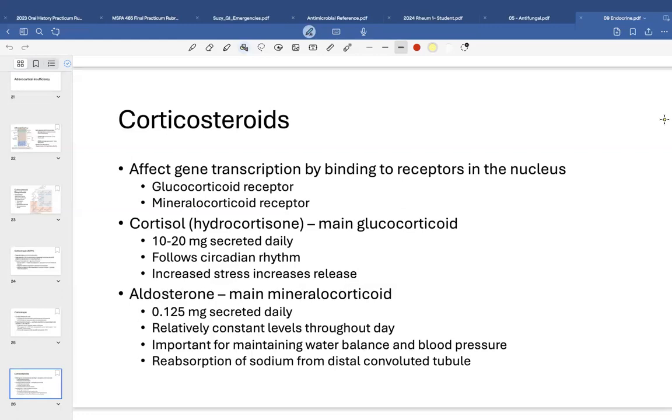Aldosterone is your main mineralocorticoid, and it is secreted on a constant basis, a tiny amount, 0.125 milligrams per day. The mineralocorticoid's role is for maintaining water balance and blood pressure. Basically it works at the level of the kidneys for sodium absorption.